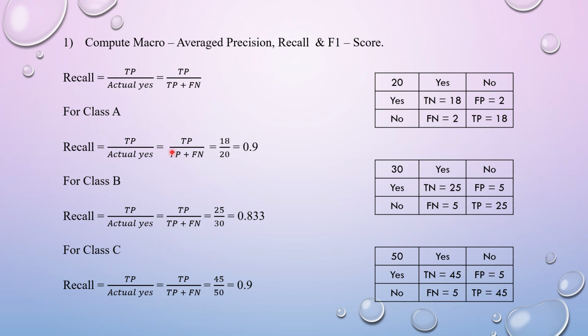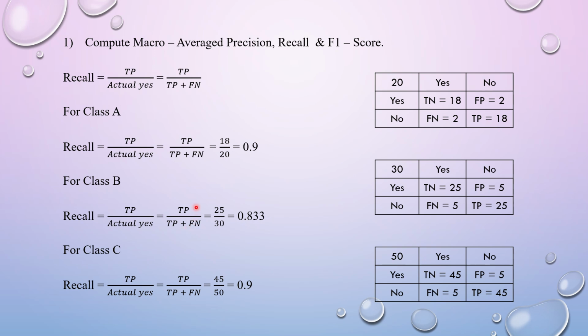So for class A, the TP value is 18 and FN is 2. 2 plus 18 is 20. 18 divided by 20, which is equal to 0.9. So recall value for class A is 0.9. For class B, recall is equal to true positive divided by true positive plus false negative.